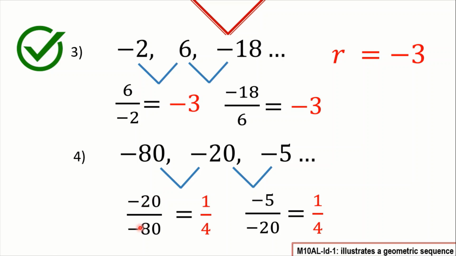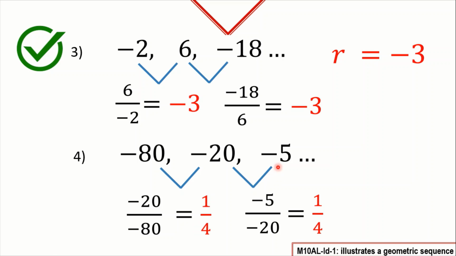So, since parehong sign yan, ang ating dinidivide, so, the answer is automatic na positive. Now, para makuha natin ang lowest term, i-divide natin itong result na to with 20 over 20. So, 20 divided by 20 is 1. Then, 80 divided by 20 is 4. So, the ratio between these two terms is 1/4.